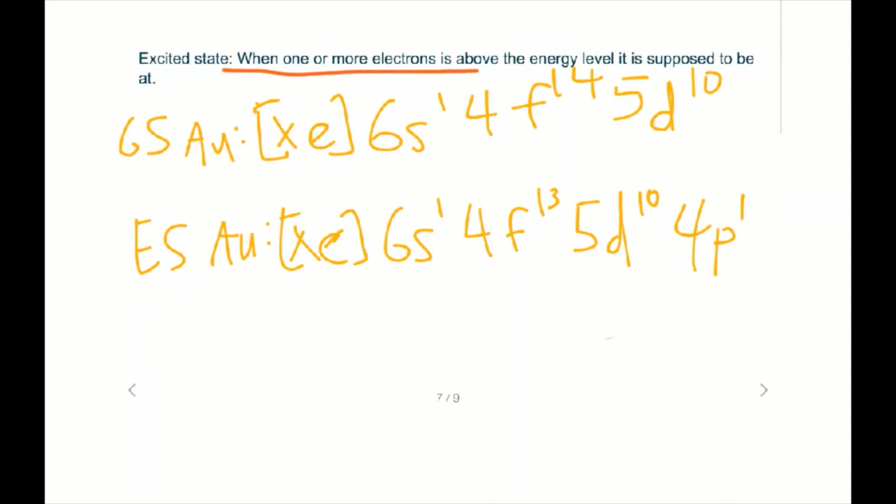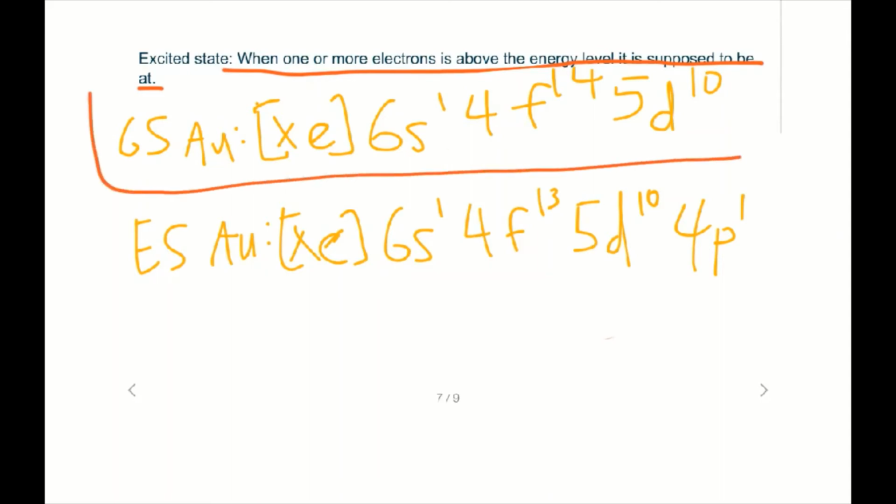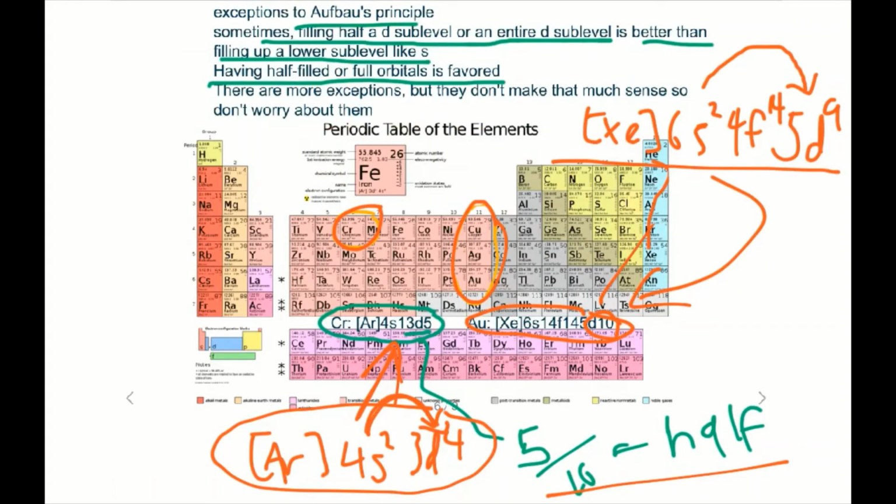Excited state: when one or more electrons are above the energy level they're supposed to be at. So for example, the ground state of gold is written here, and remember, it's one of those exceptions to the ground state rules that we talked about, where the ground state for chromium and gold look like that because they want half-filled or fully filled d sublevels.